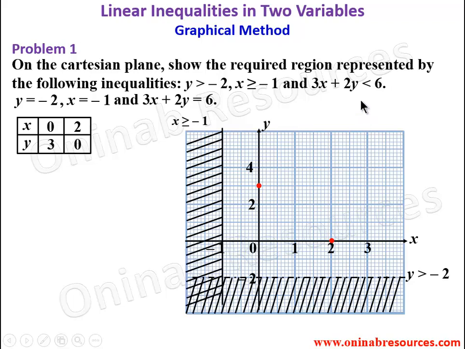We are going to join with broken line again, because the corresponding inequality sign is just less than, not less than or equal to. So we join the 2 points with broken line. So we have the line, and since this is less than, and for your information, in this situation, we don't just look at the sign and start shading.